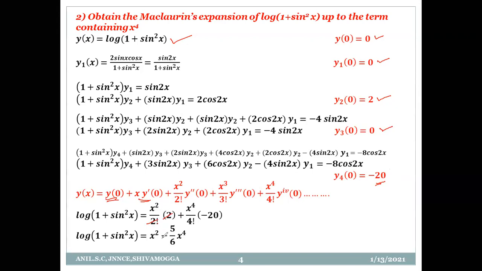Plus into minus, minus 20 divided by 4 factorial. 4 factorial means 4 into 3 into 2 into 1, that is 24. Both are divisible by 4, that is 5 by 6. Plus into minus, minus 5 by 6 into x power 4. This is the Maclaurin's expansion up to fourth degree term.